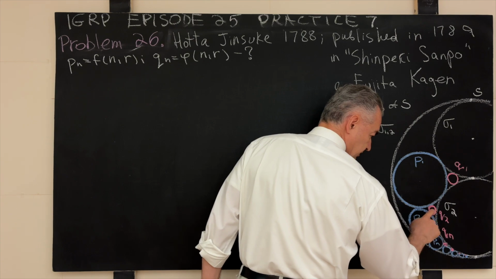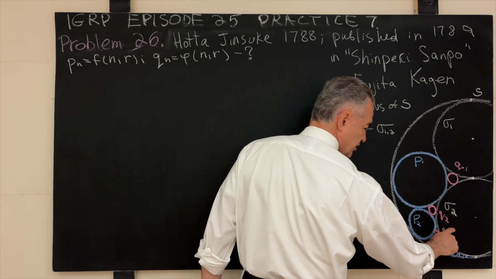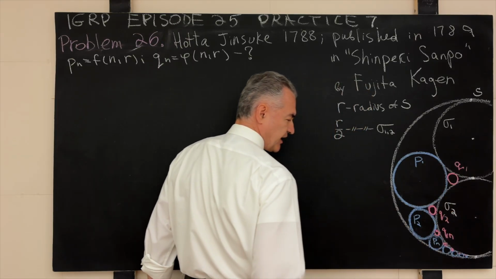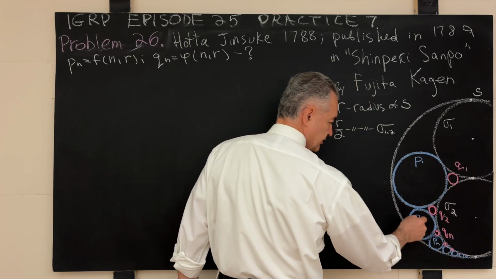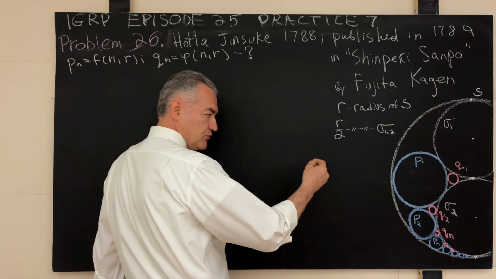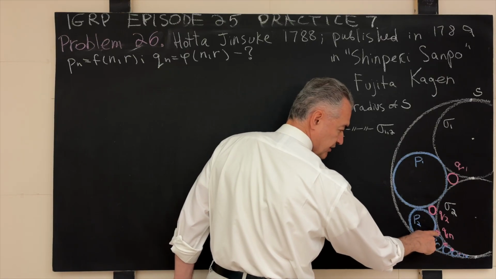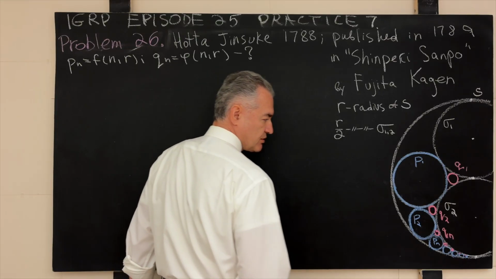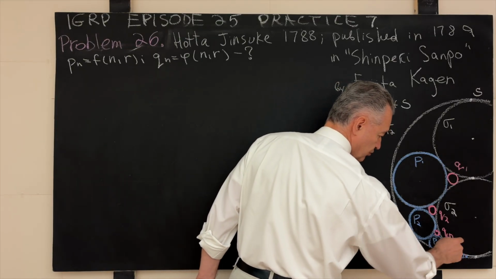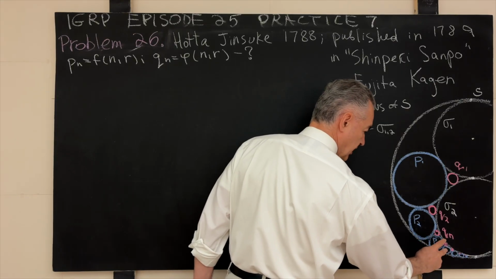Then the second red circle also touches the smaller generating circle, let's say sigma 2 in this case, but then it touches the two immediately adjacent circles from the blue family, the circles P1 and P2. The red circle Q3, let's say, will touch the smaller circle sigma 2, and it will touch the immediate neighbors, blue circles P2 and P3, and so on.